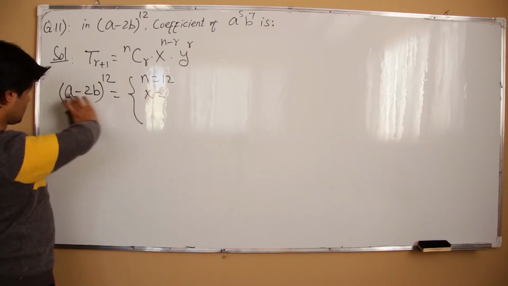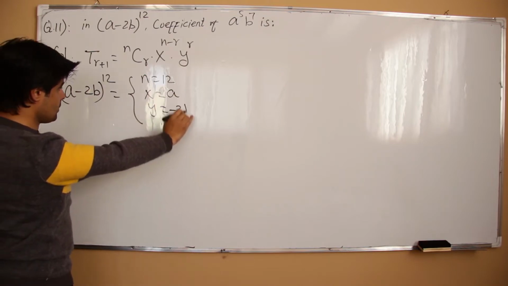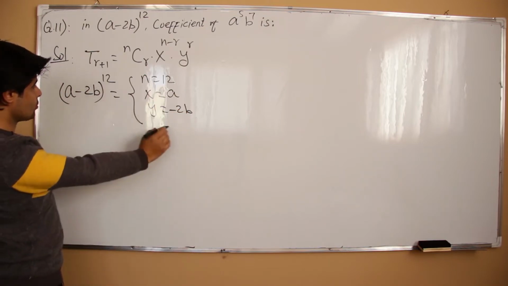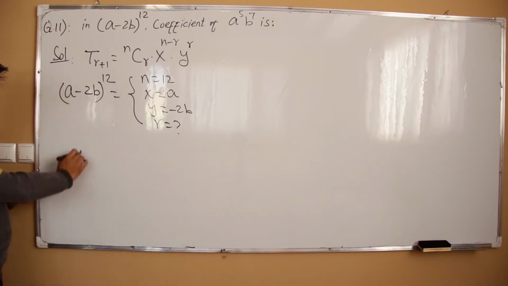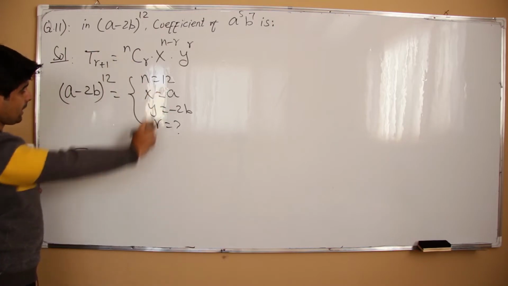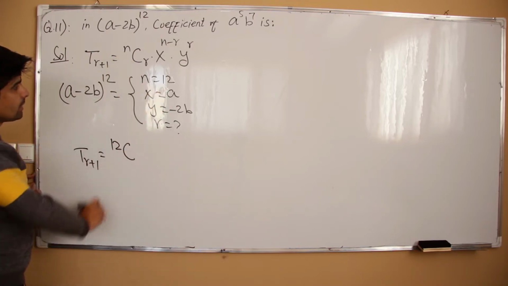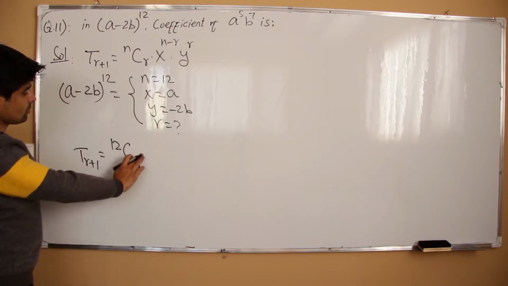You have x is a. You have y is minus 2b, and you don't have r. First, you have to find r. I mean T r plus 1 is equal to n C r, n is 12, and r we don't have. Instead of x, what do you have?